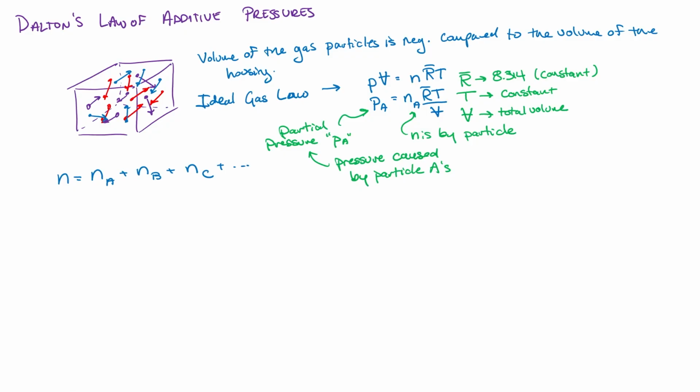And with that, since the only thing in that equation that the pressure is dependent on is that number of moles, I can then take this equation and say, well, this means that my pressure total is going to be equal to my pressure caused by particle A plus my pressure caused by particle B plus my pressure caused by particle C, so on and so forth.